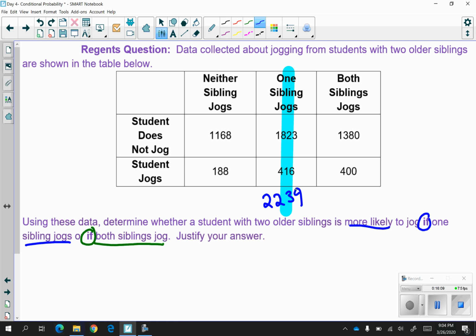And we're talking about determine whether a student with two older siblings is more likely to jog. So we're looking at the jogging column. There are 416 students who jog out of the 2,239 who have one sibling jogging.